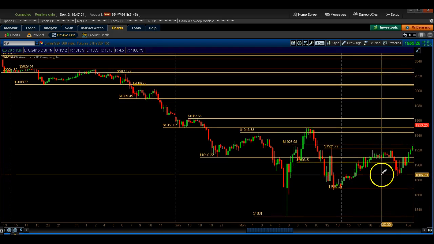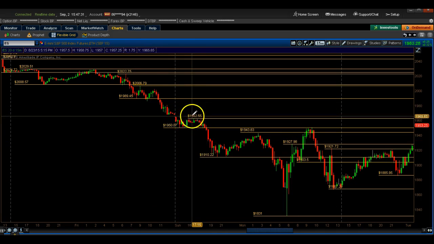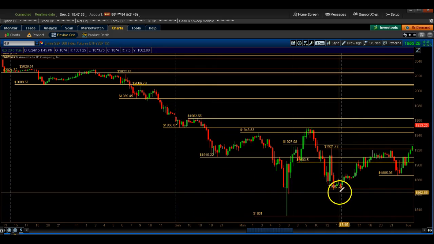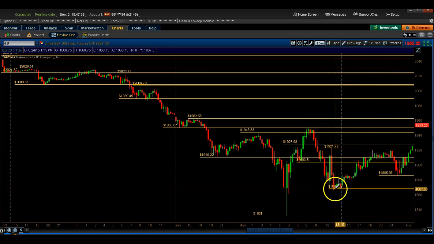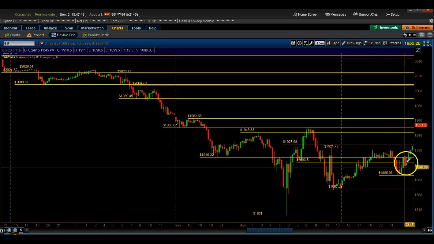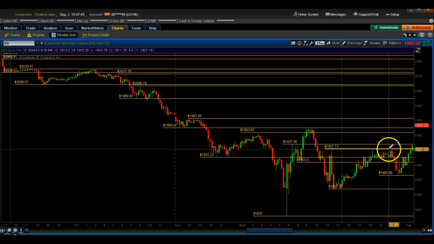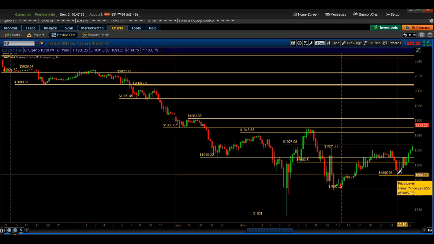Boom, right? So now, what's the trend? We're no longer looking for lower lows and lower highs, we're now looking for higher highs and higher lows, correct? So we have a low here, a high here, a low, but once we break above this high by one tick, that's all it takes, is one tick, then this now becomes a secure low.